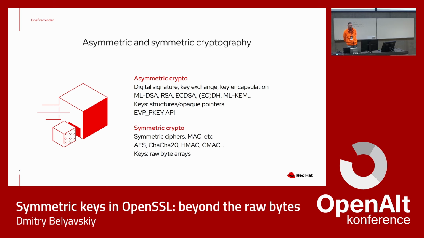OpenSSL works with asymmetric algorithms well, forever, and the key structures for asymmetric algorithms are normally quite complicated, and it means that when the transition to the provider model happened, the opaque pointers became the most standard way to deal with it.